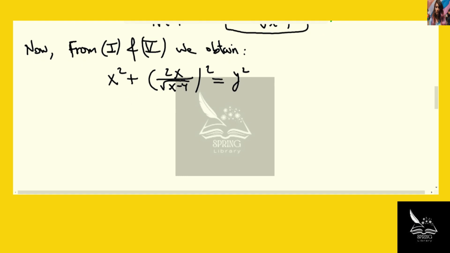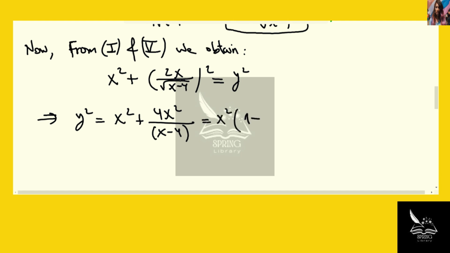And then y squared is x squared plus 4x squared over x minus 4. That is x squared common factor of 1 plus 4 over x minus 4.